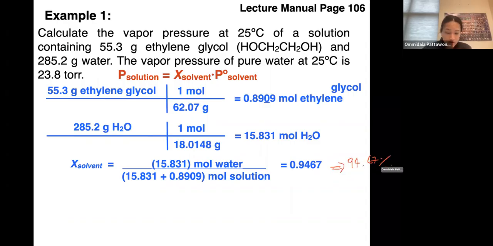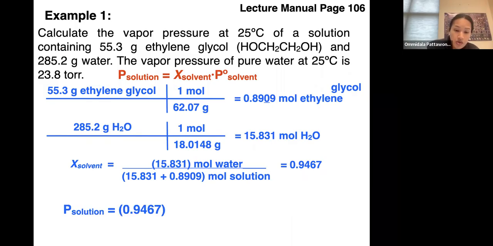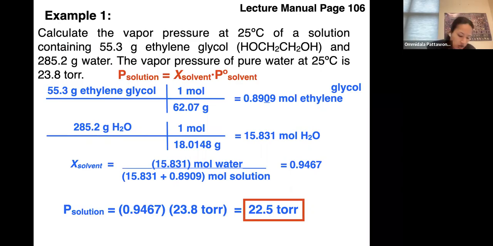So that's a lot. Now if you want to find the partial pressure of the solution, or the vapor pressure of the solution, you use the mole fraction of the solvent, which is water, multiplied by the vapor pressure of water, which is 23.8 torr. You are going to get 22.5 torr. You might ask, do I need to change this into atm?